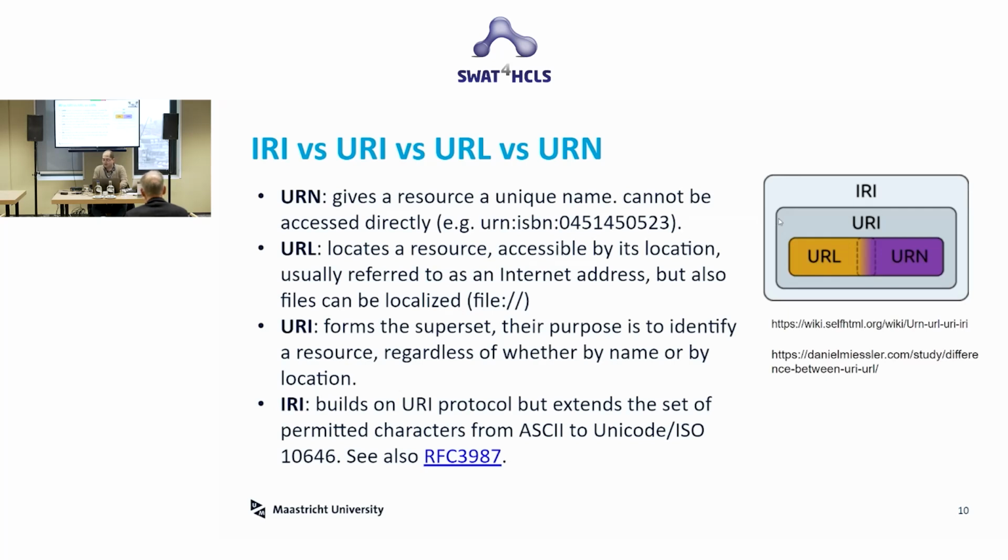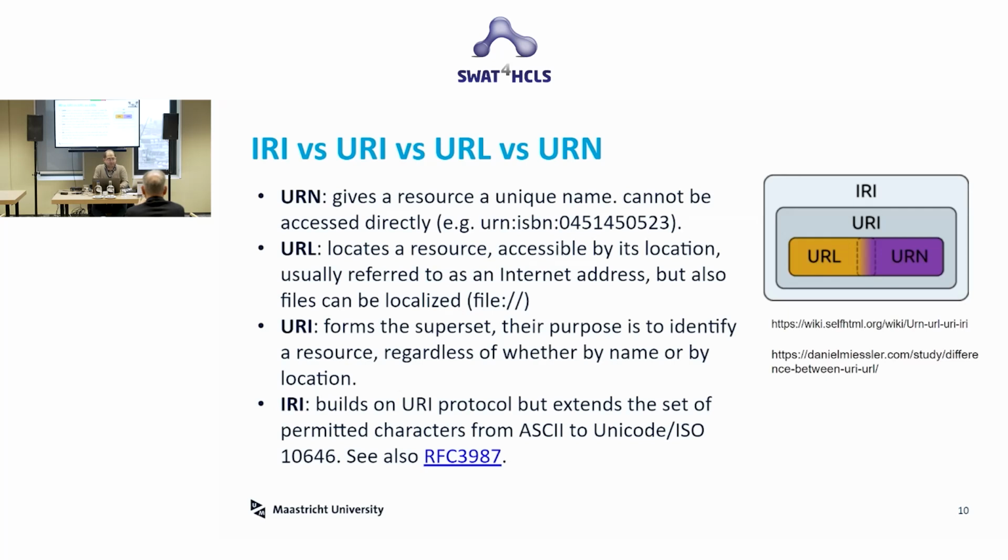The URI, as you see from this image, is a bigger subset. It's a parent of both of those groups, and it's a unique identifier. It's able to identify a resource regardless of whether it's available on the internet, by its location or by its name. So the URI is a generalization of both the URL and the URN.